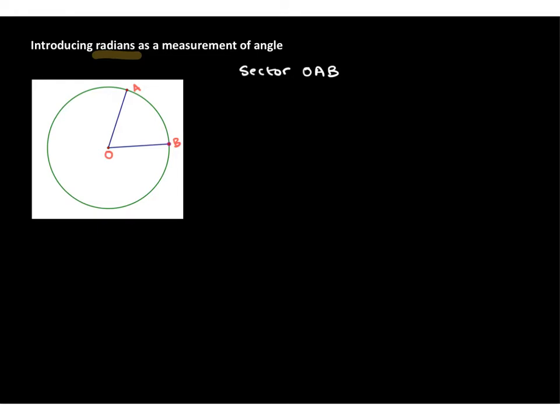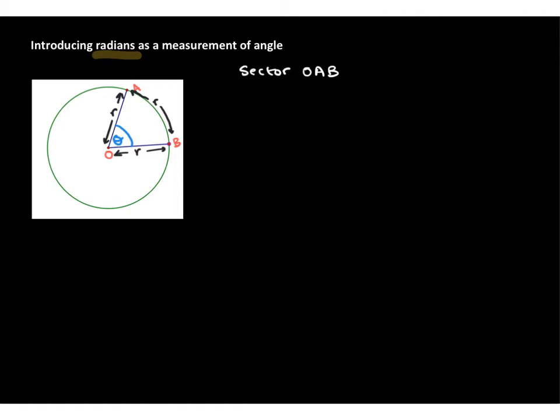Now, we're going to give this sector some particular properties. If this is the radius here from O to A, which of course is also the radius here from O to B, if I can set it up so that the arc length from A to B here is also r, then the angle here, theta, is defined as being 1 radian. And that's how we define a radian.